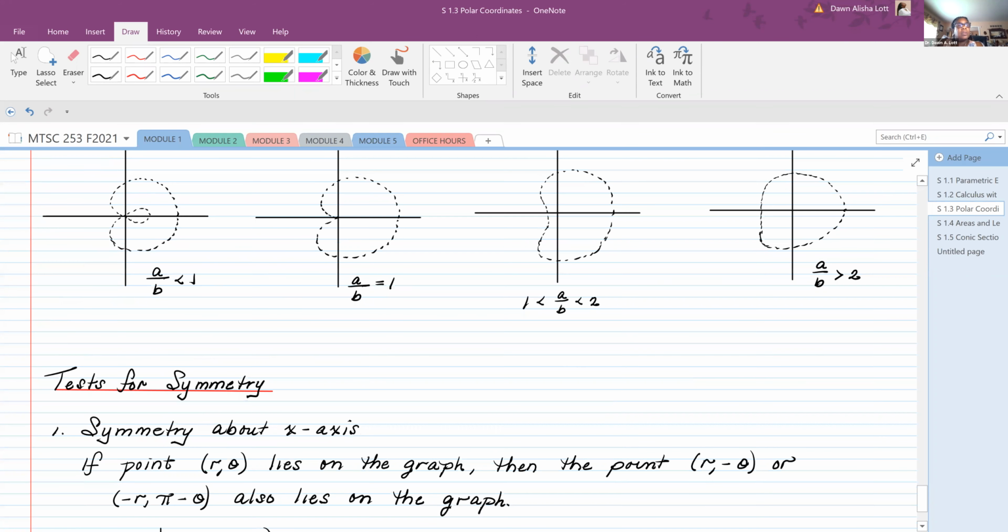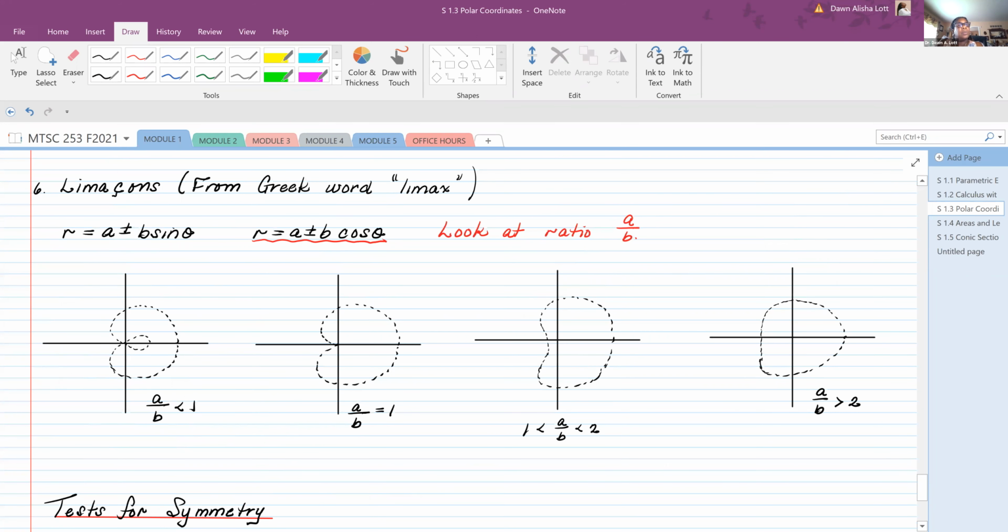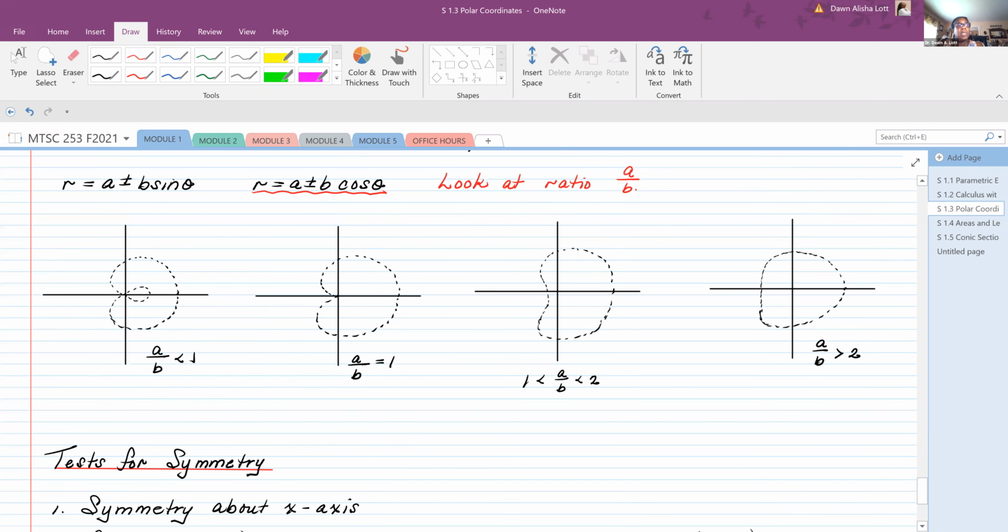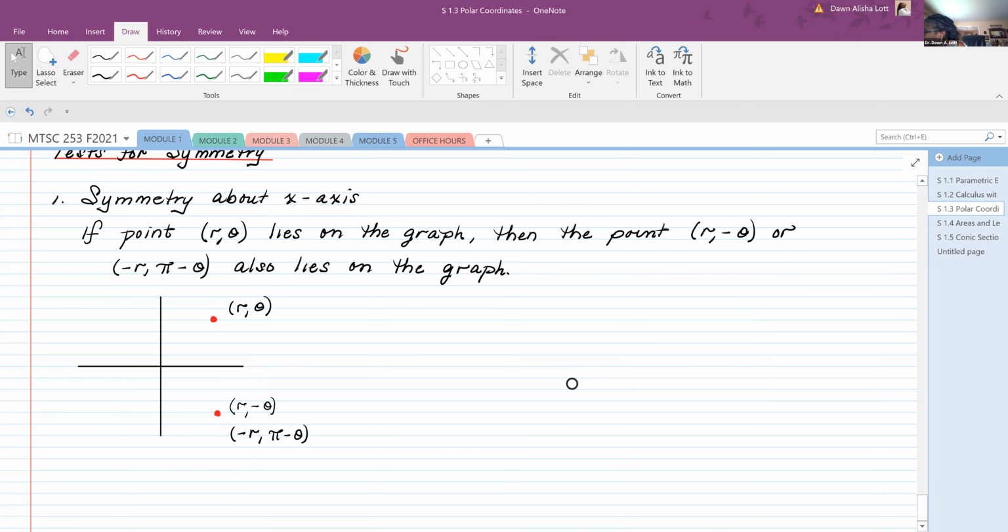So let's take one. R is equal to A plus B cosine theta. Okay, so I'm going to put in R and negative theta.